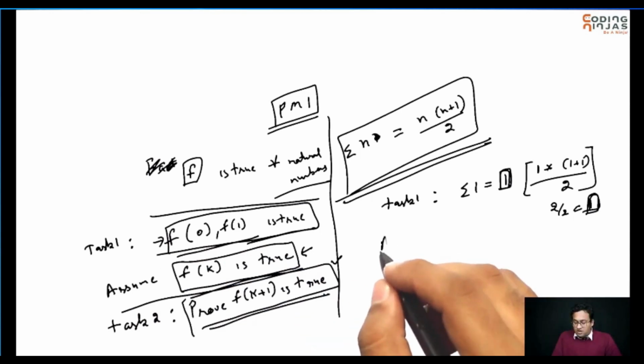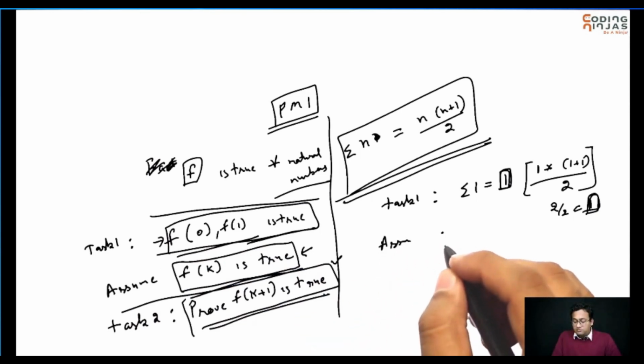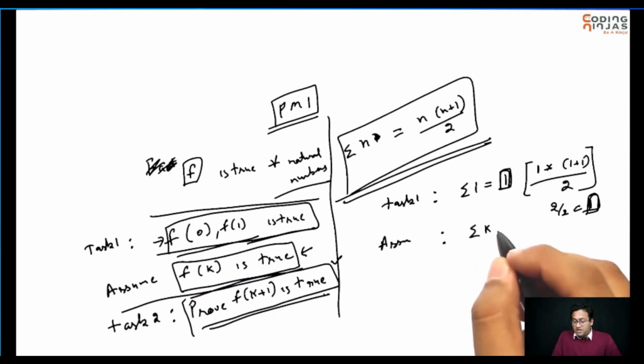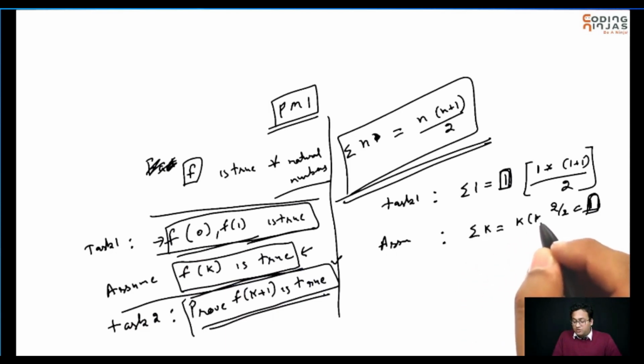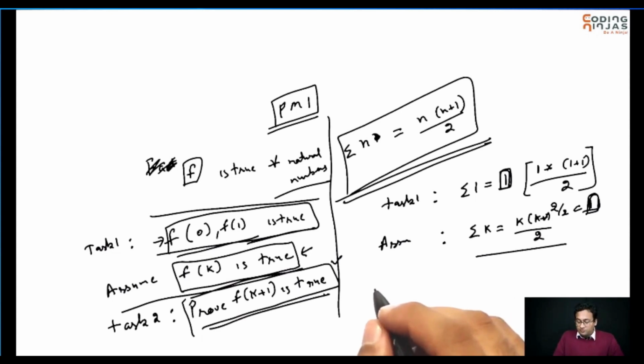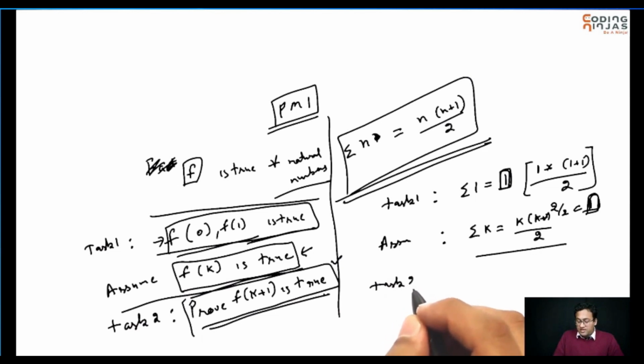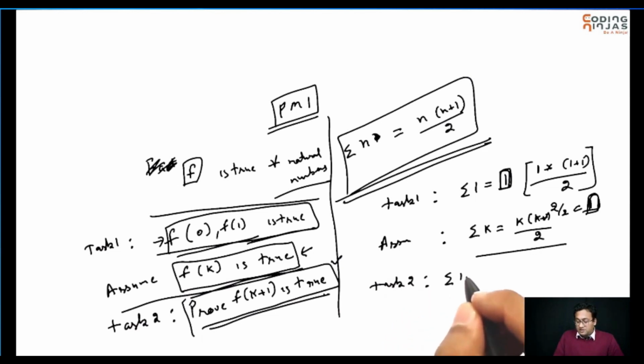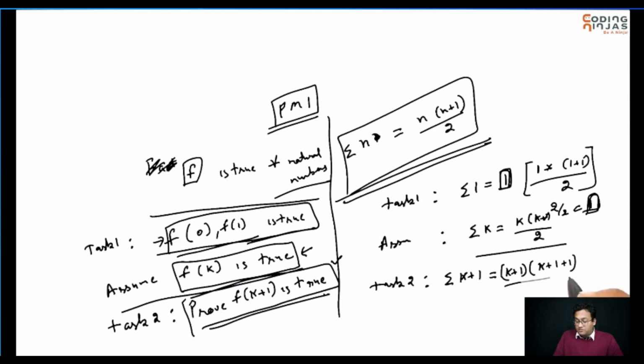Okay. So now I can assume sigma k is equal to k into k plus 1 by 2. So I can assume this. Now using this assumption, I need to prove task 2, that is sigma k plus 1 is equal to k plus 1 into k plus 1 plus 1 by 2.